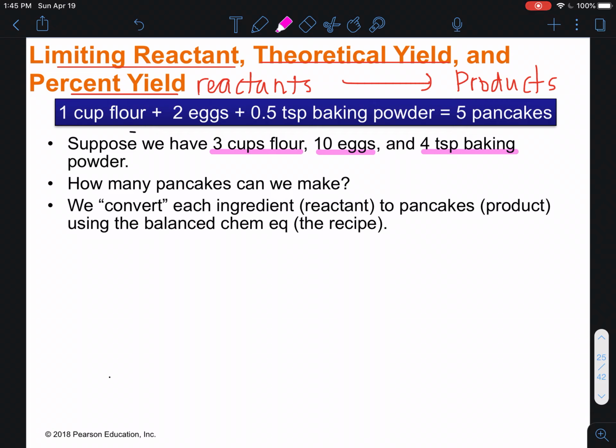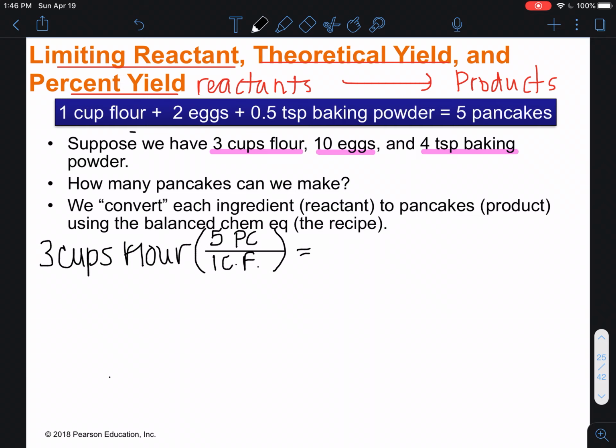Well, you have to take the fact that you have 3 cups of flour, right? And from the balanced chemical reaction, we know, from the coefficients specifically, that for every 1 cup of flour, CF for cup of flour, we get 5 pancakes, right?